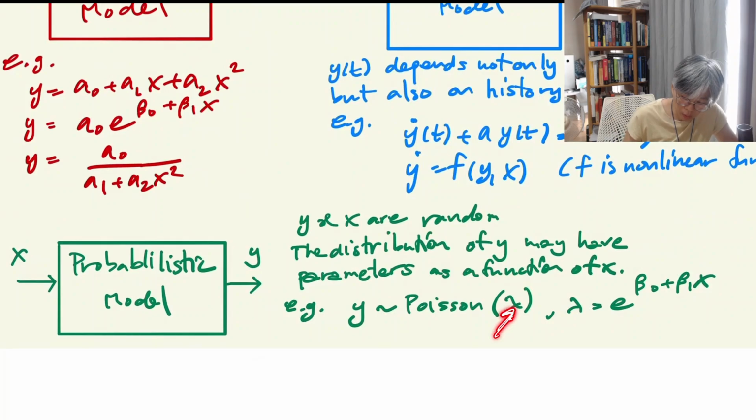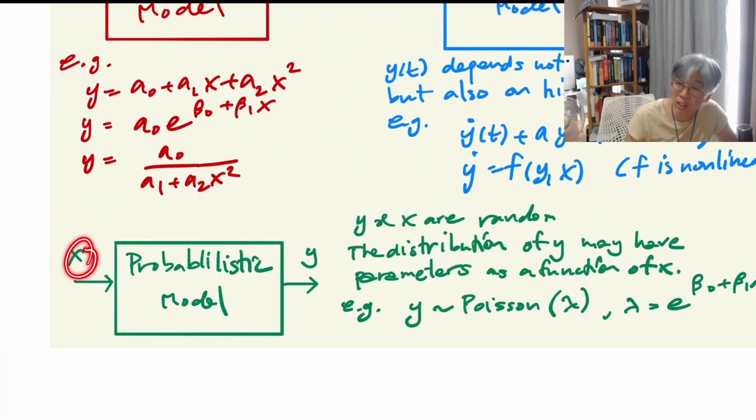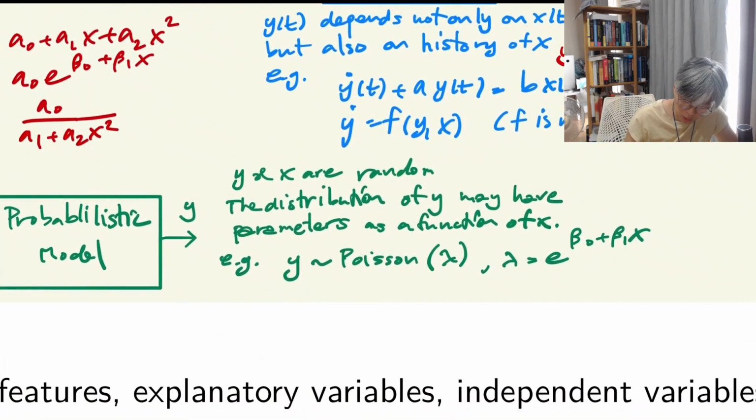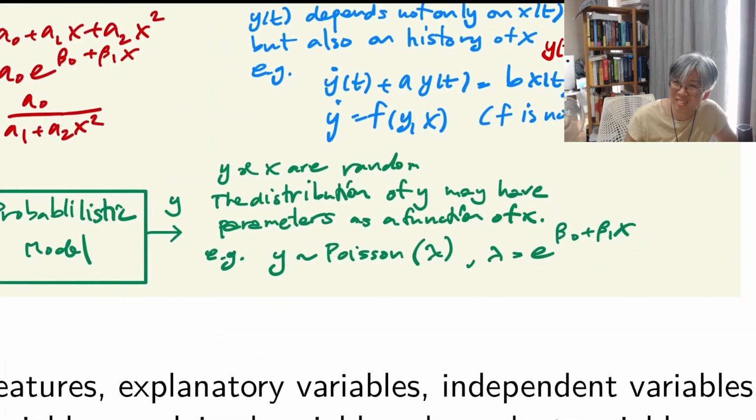And how can we associate our probabilistic model so that it could depend on x? In this example, you may say that the rate of your Poisson process could be a function of x. So this is a typical example where you let lambda, which is a rate, be an exponential function because it returns a positive value.